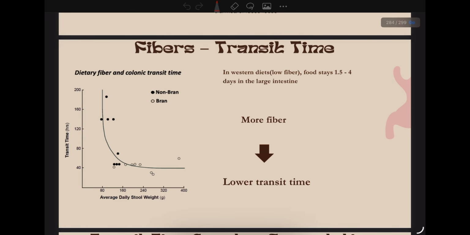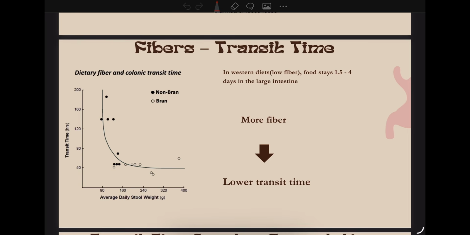Now we have to talk about fibers and transit time. Fibers, just to set it up, are material that you eat that cannot be digested, like cellulose of the vegetables, and it's mostly in the vegetables. So the more fibers you eat, the less transit time you have. What's transit time? It's the amount of time that food takes until it's excreted out.